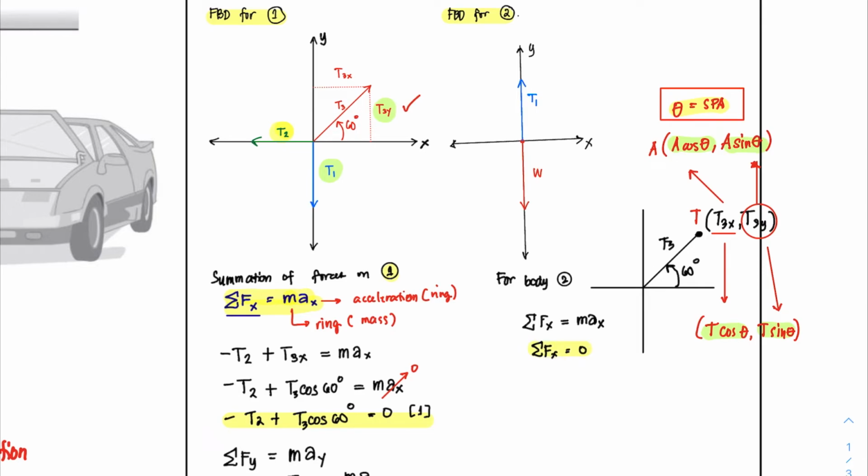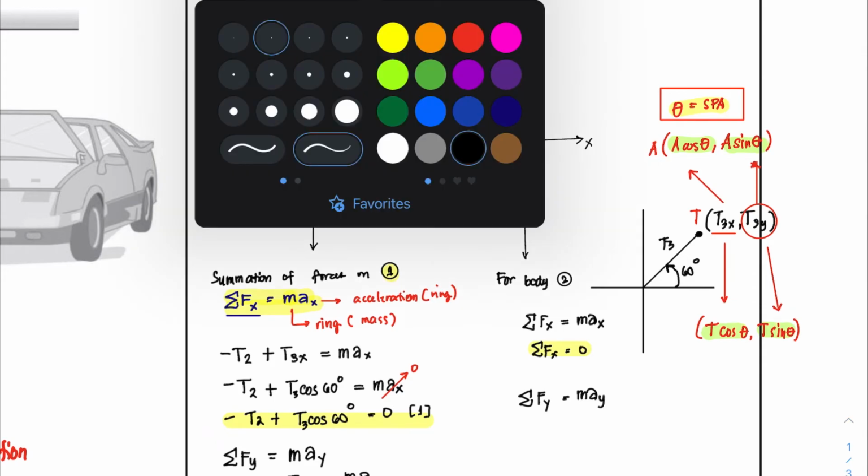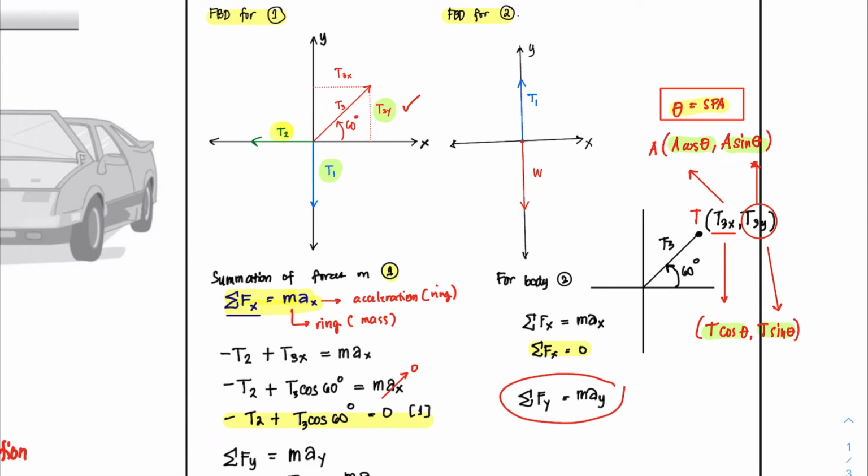You don't have to go through that one. Or if you would just like to write, then write it. The point that I'm trying to make there is that there are no forces on the x component with respect to body 2. Now, how about the y component? So we continue. The sum of the forces along the y-axis is equal to m a sub y.